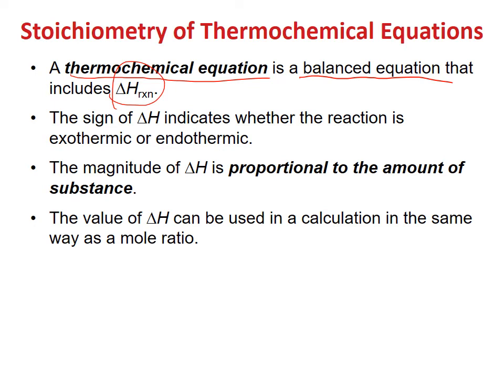A positive delta H is endothermic, and a negative one means exothermic. The magnitude of delta H is proportional to the amount of substance, so the delta H of 2 moles of substance should be twice the delta H of 1 mole of the substance. And the value of delta H can be used in a calculation in the same way as a mole ratio.